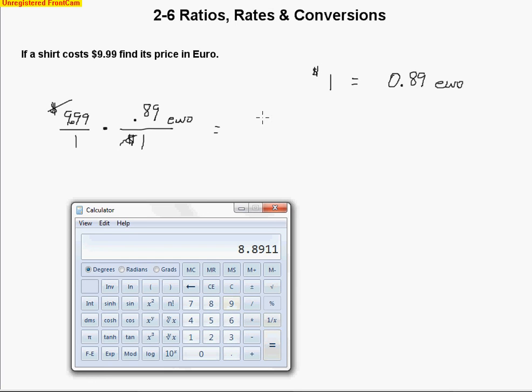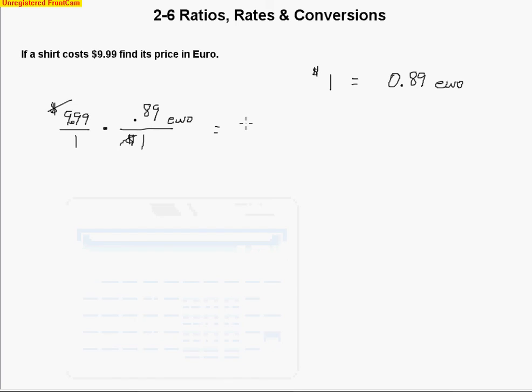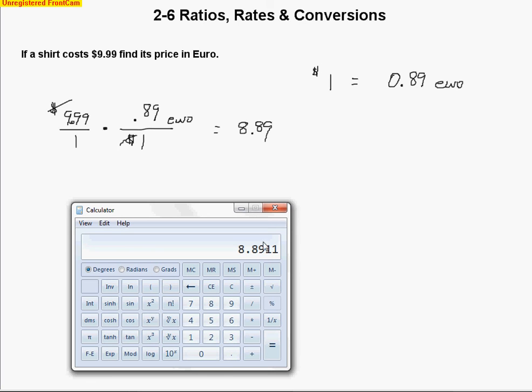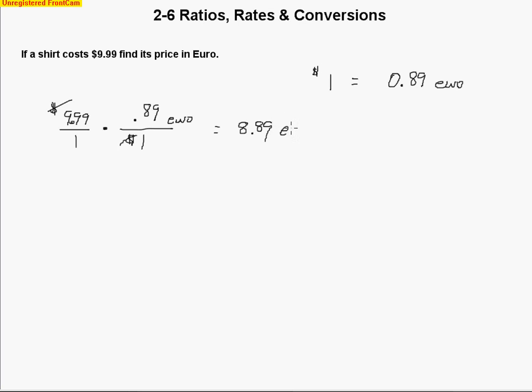And I go ahead and do that work. It looks like it's 8 and 89 hundredths euro. So we'll write that, 8.89. I believe that's what the number was. Yep. Now, 1 is not big enough to round that up. So 8.89 euro. And that's what the answer would be.